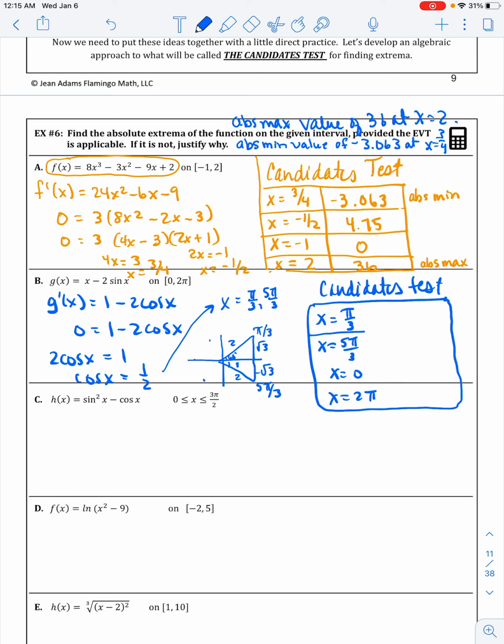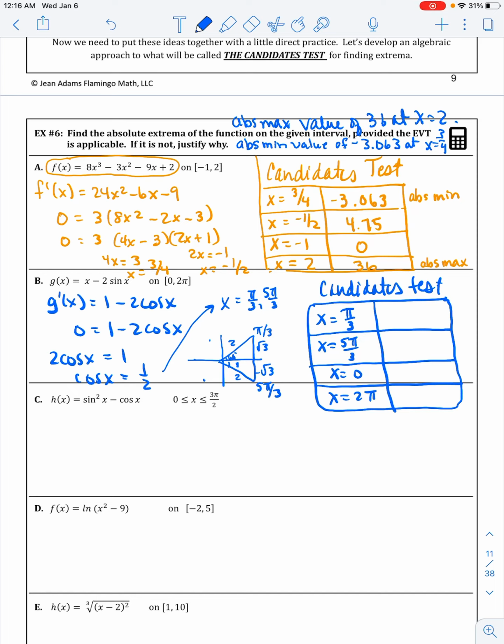And we're going to be using our original function to find out what those y values are, and then decide which one's the highest, which one's the lowest. This function, by the way, sorry, I forgot to mention that, this function is continuous for all reals, okay? It's a trig function, and regular sine, cosine, tangent, they're all continuous for all reals.